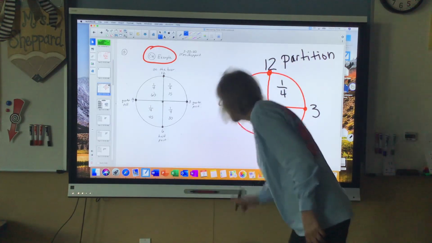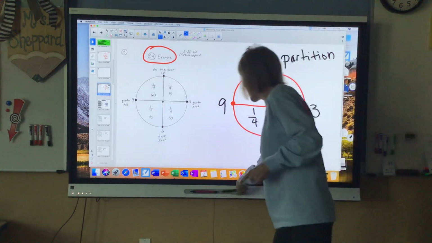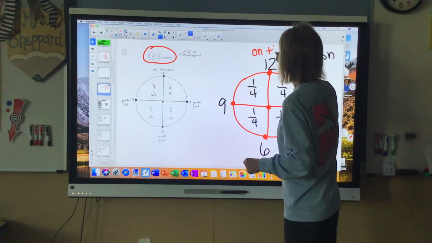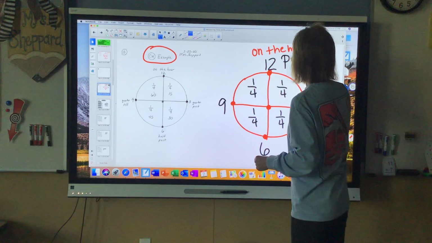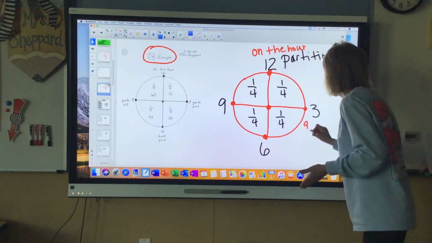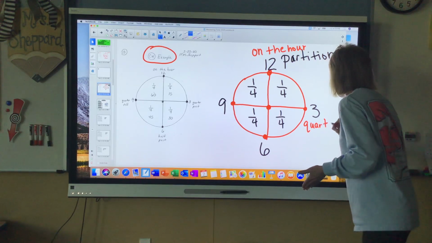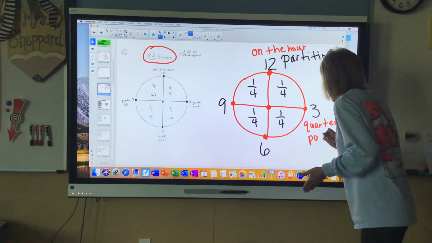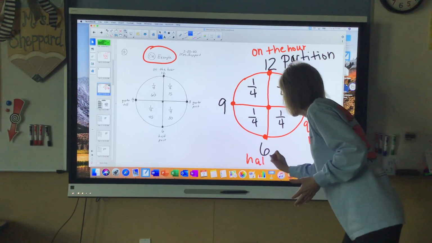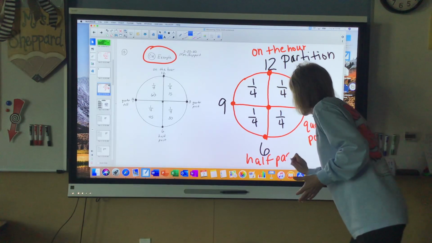And then if I'm filling in from my classwork example, the 12 is going to be on the hour. This is what you'll write on your page today. The 3 is going to be 1/4 past. The 6 is going to be 1/2 past.